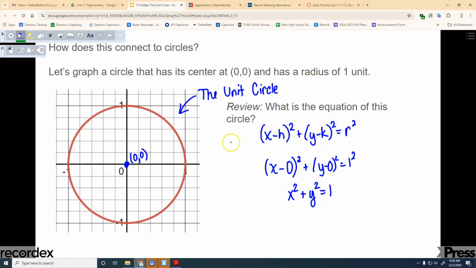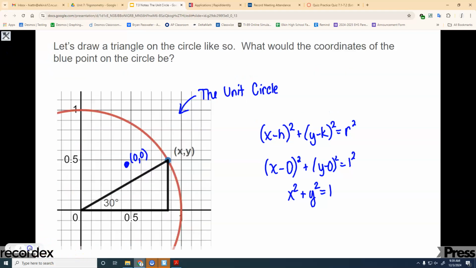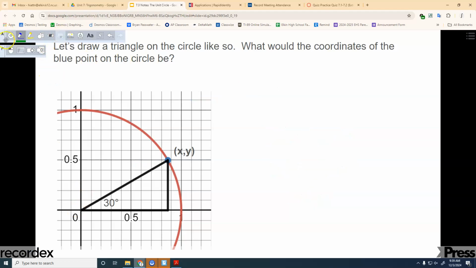Okay? So, we're going to take this circle and we're going to look for points on the circle. I've taken just a piece of the circle here and I've drawn in a triangle.